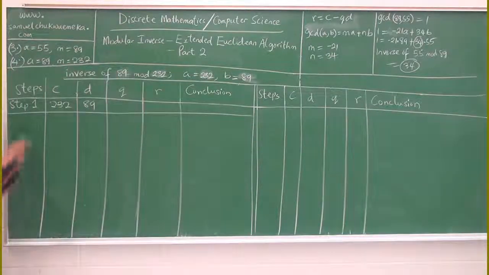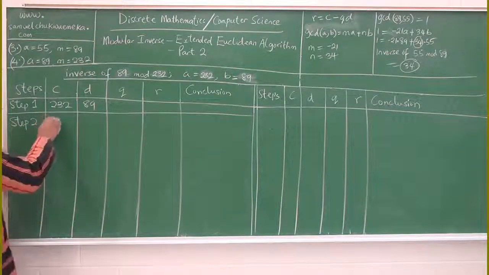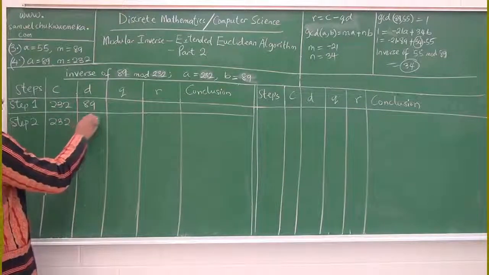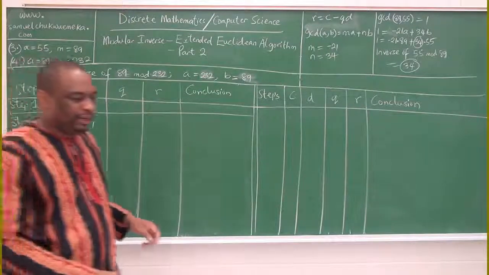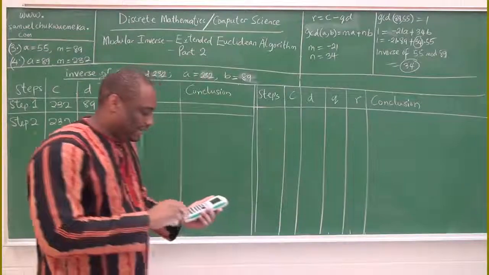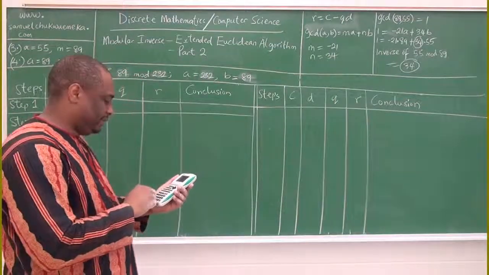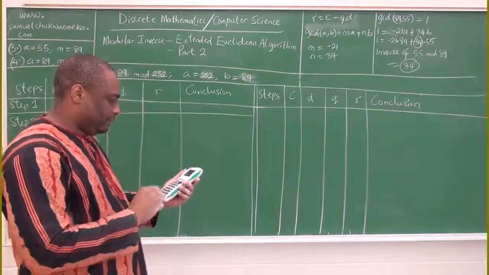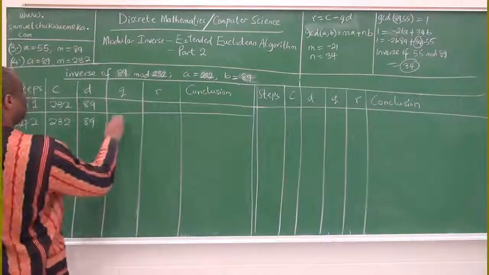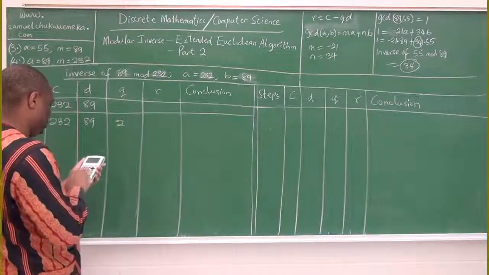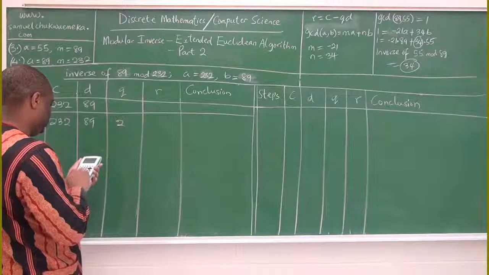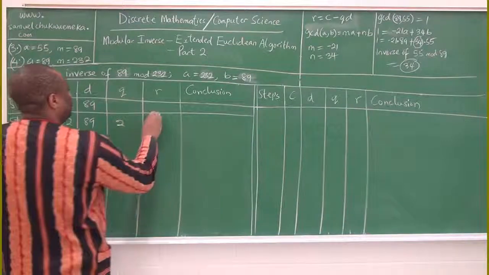Then step 2, we have 232 here, 89. 232 divided by 89. I can do it without a calculator, but let's save some time. So that gives you 2 remainder 54.